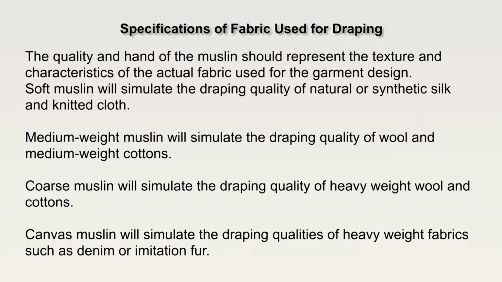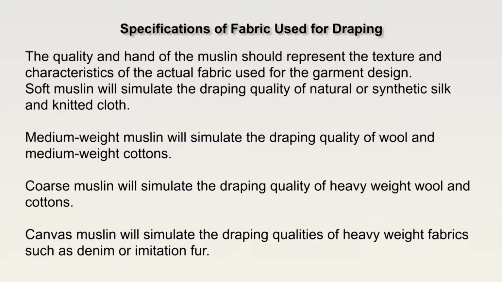The quality and hand of the muslin should represent the texture and characteristics of the actual fabric used for the garment design. Soft muslin will simulate the draping quality of natural or synthetic silk and knitted cloth.